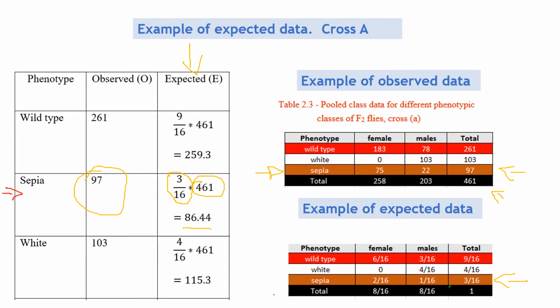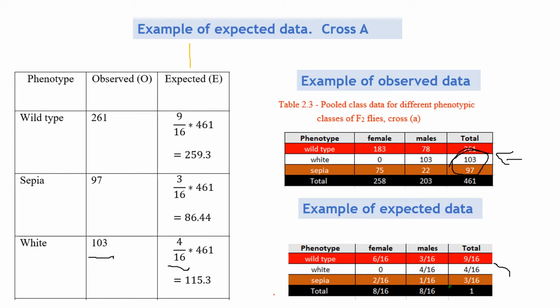And now let's do the white one. So now you can start working on the white one. So here, the white one will be this one. Observed 103 in total. Now let's go and look for the expected. So we have 4 out of 16.